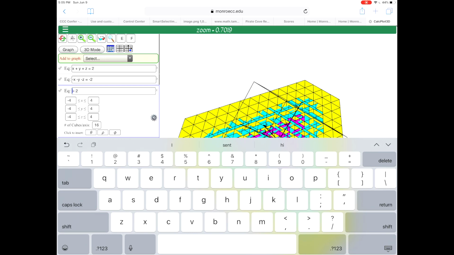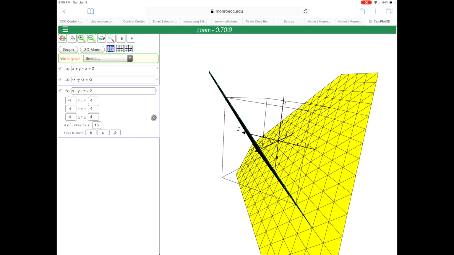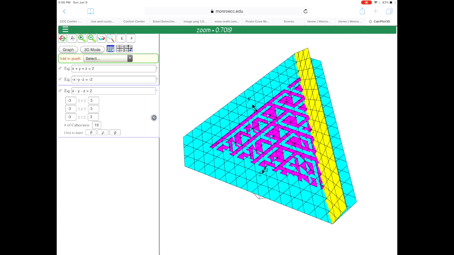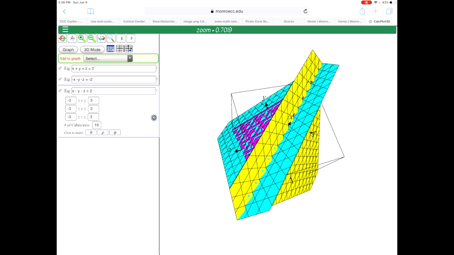I'll have it be x minus y minus z equals 2. See what that gives us. There we go. Very good. And then we don't need it to be that big. Here we go. So do you see how it intersects these other 2?